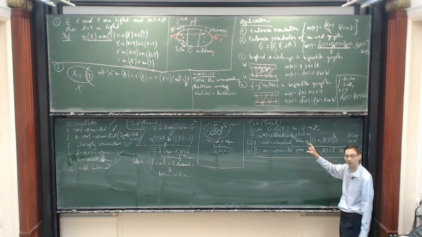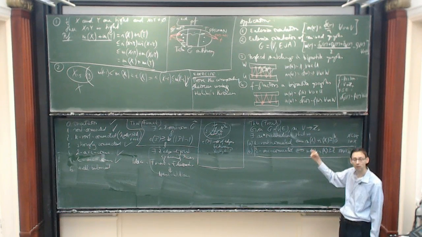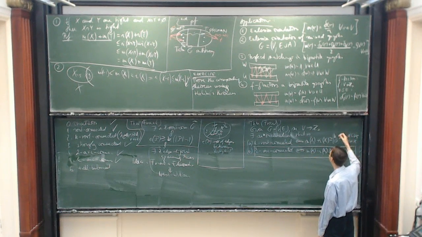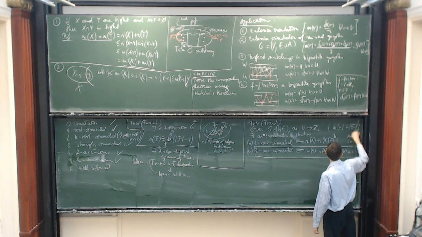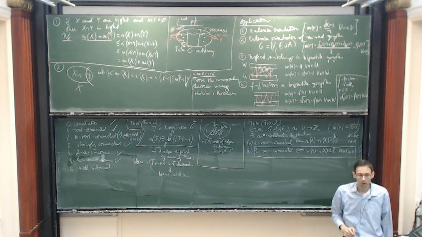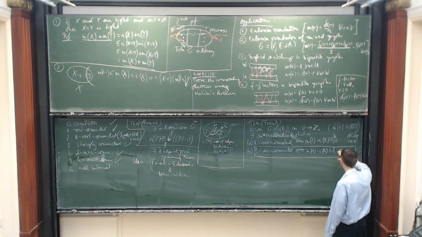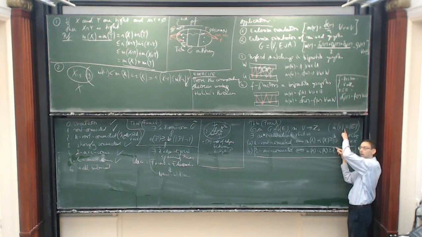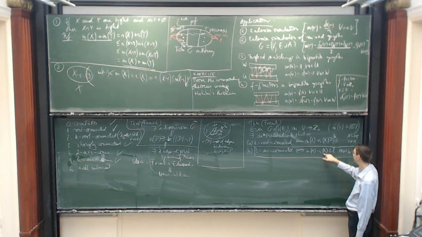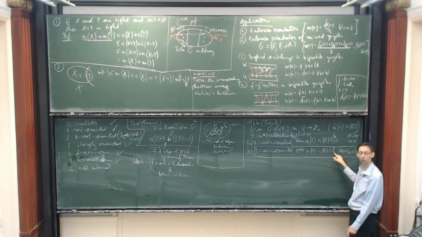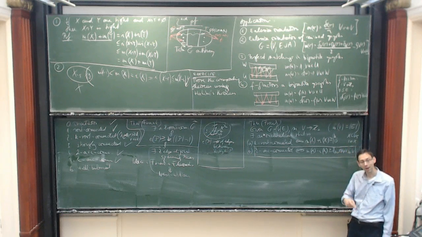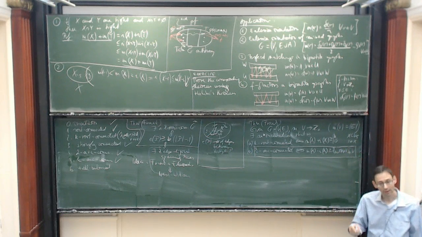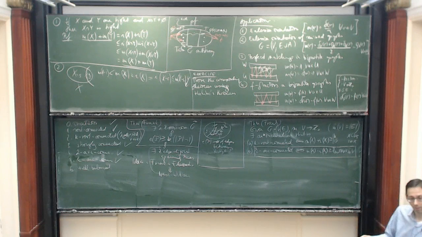In both we need the condition that M of V is the number of edges. Maybe I will add here M of V is equal to E. So let's suppose that we have this condition plus this condition. Then we know that this minus this is at least K, so at least 0. So by Hakimi's theorem, there exists an M-orientation.